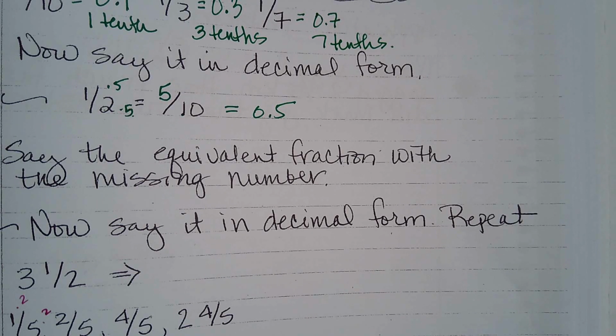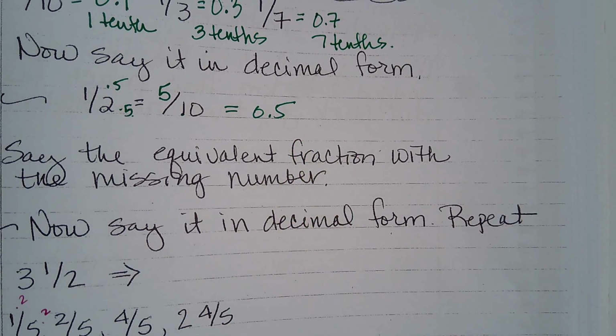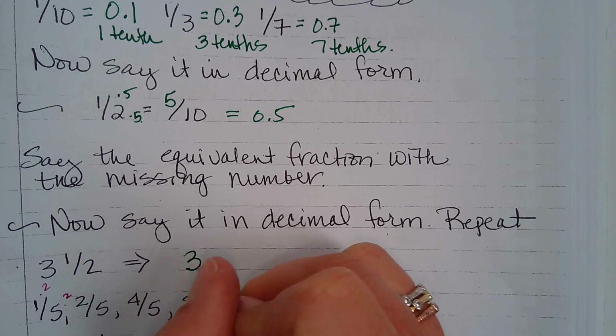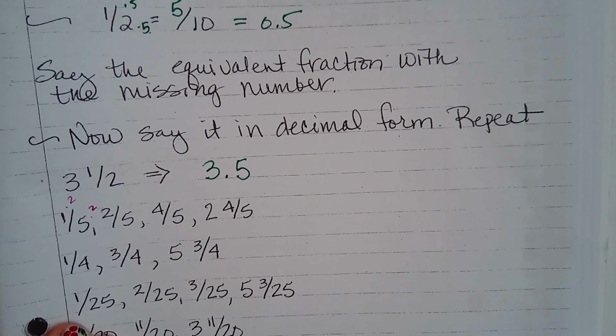Let's see. 1/2 is equal to 5/10, right? But now we're going to move on to say it in decimal form. 3.5 would be 3.5, right? Because it's 5/10.